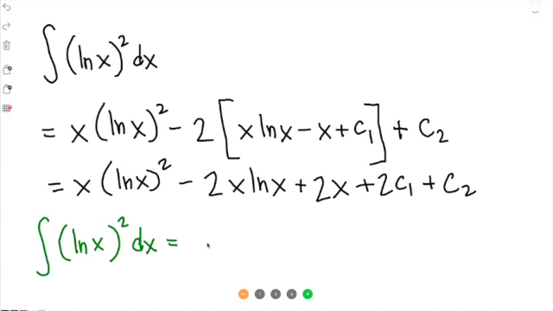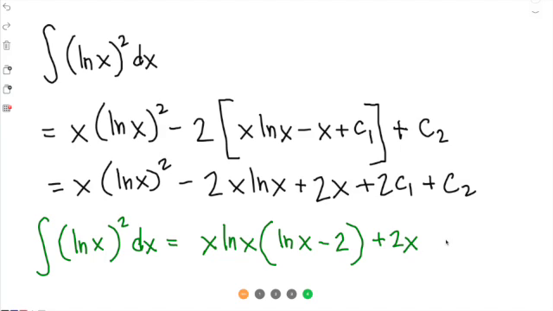For the first one, we can have x ln x, is that correct? Right, multiplied by ln x only, minus 2, and we have plus 2x, and these two arbitrary constants can be called a single arbitrary constant, c.